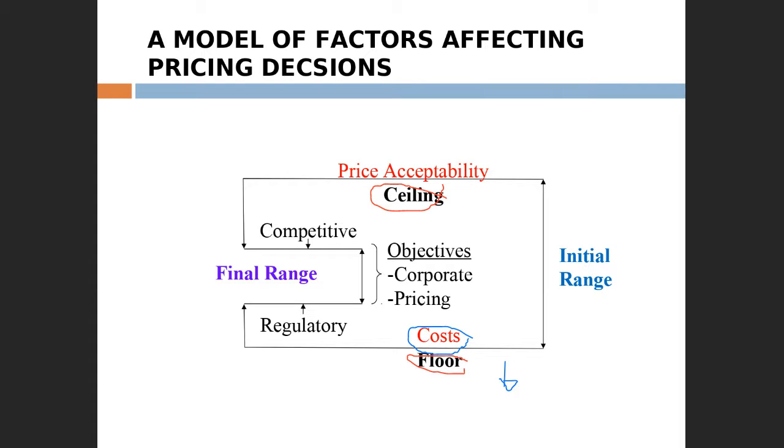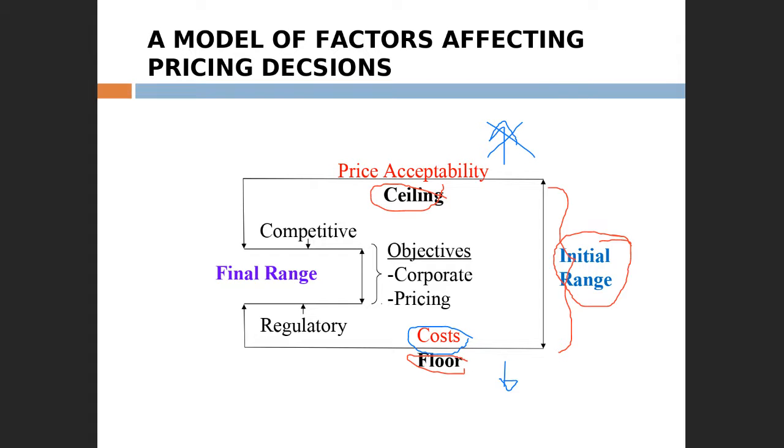The ceiling is given by the price acceptability, or the price that consumers are willing to pay. We cannot charge a price that consumers are not willing to pay on average. So that is the ceiling above which you cannot go. So this is, folks, the initial range within which you're going to set your prices.